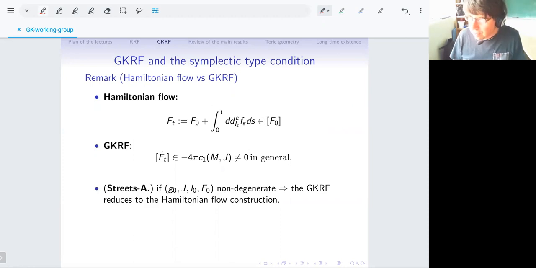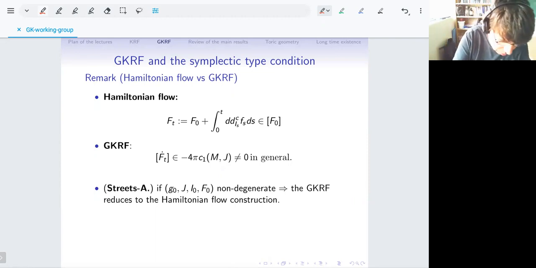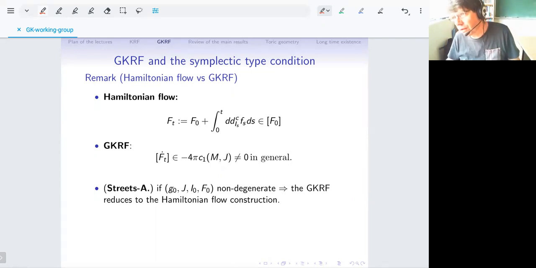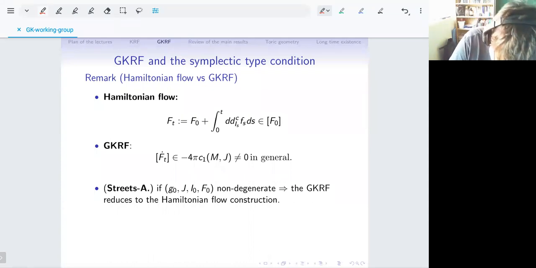But it did turn out that in the non-degenerate case, for instance, miraculously the generalized Ricci flow flows through this Hamiltonian flow construction. That's also the case where c1, of course, is 0.